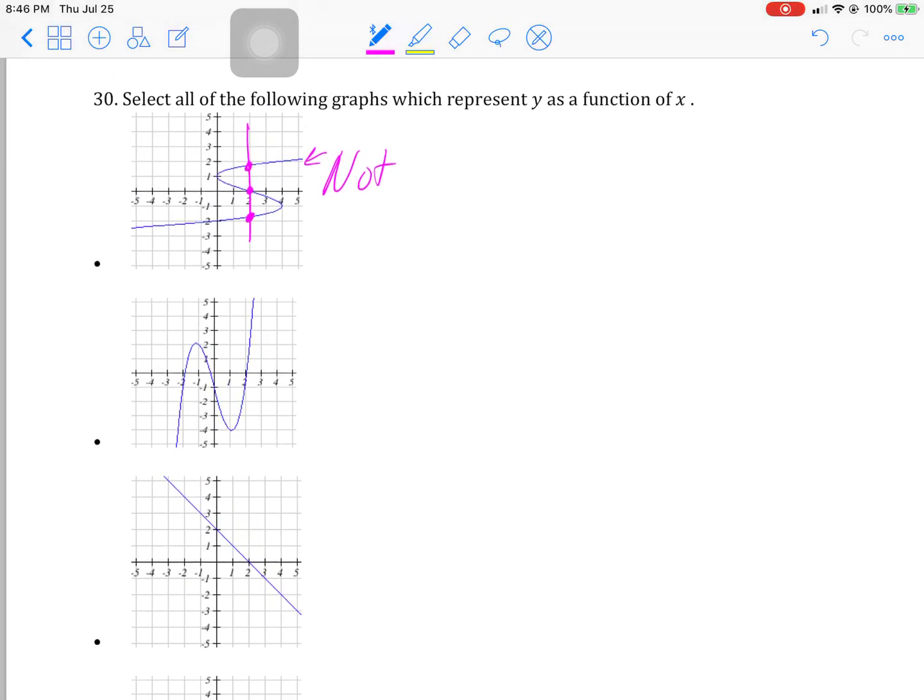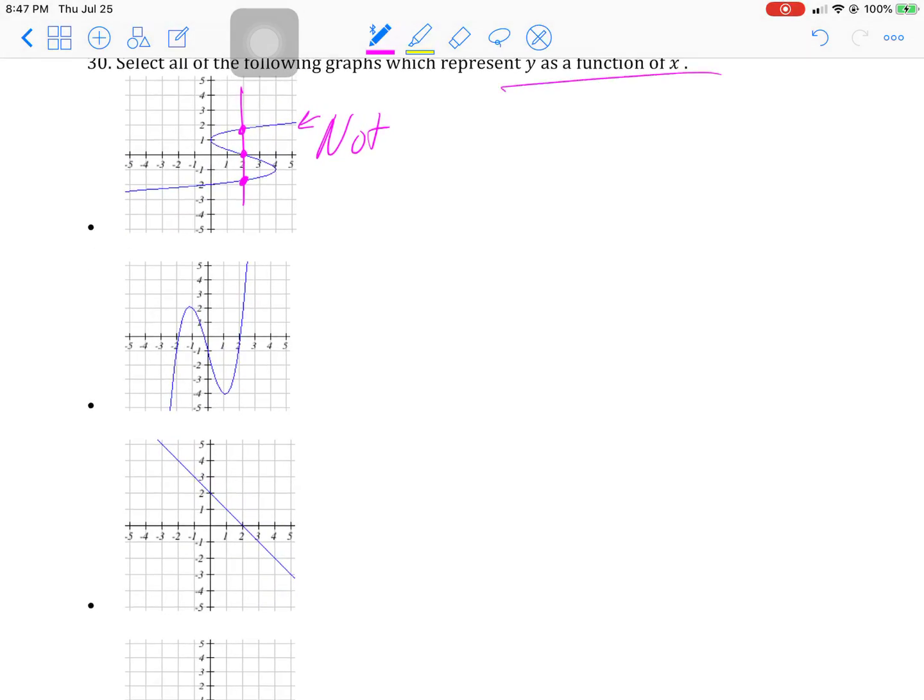So if I'm representing y as a function of x, that's a function, because if you draw a straight line down anywhere on this line of the graph, you're only going to hit it once. So that is a function.